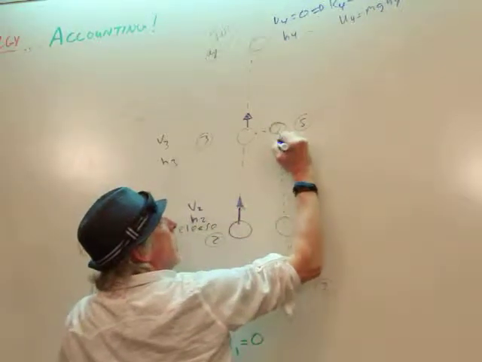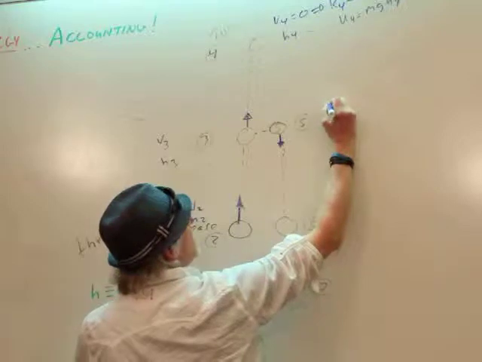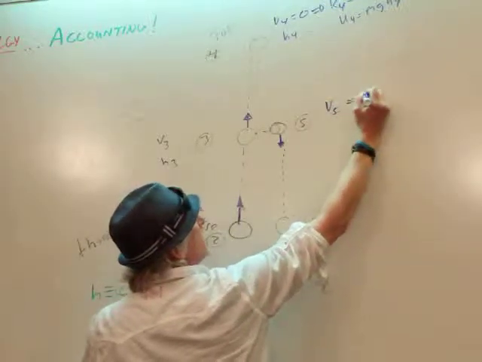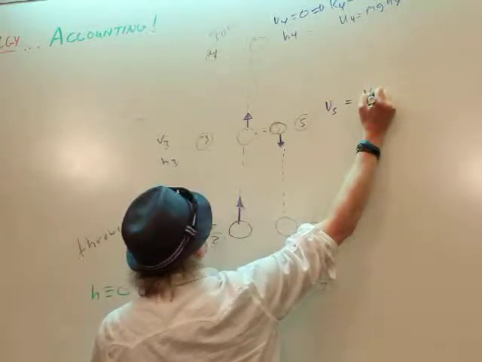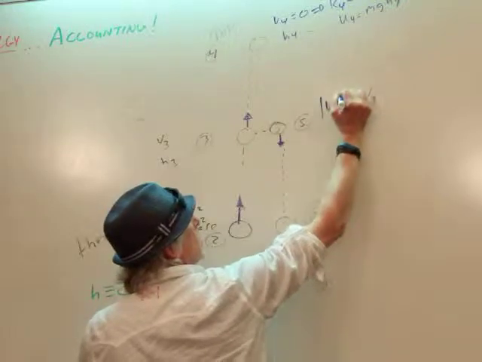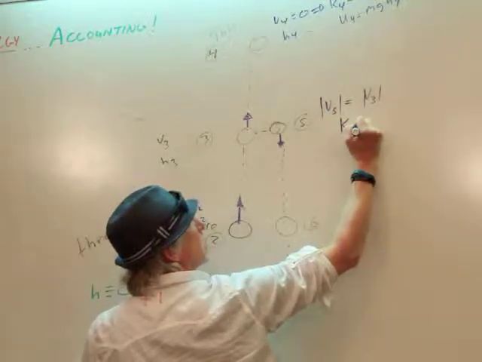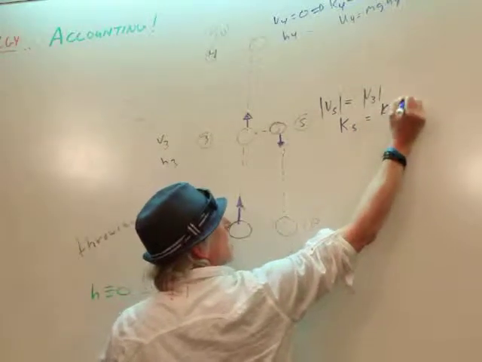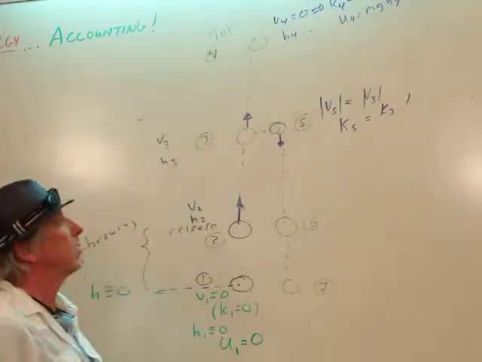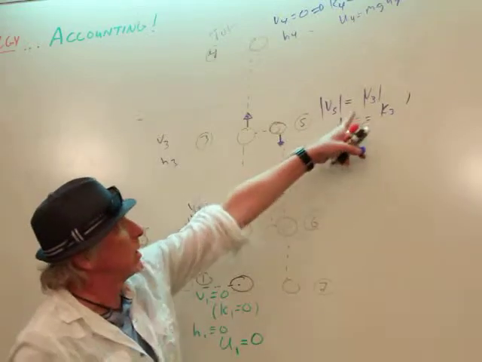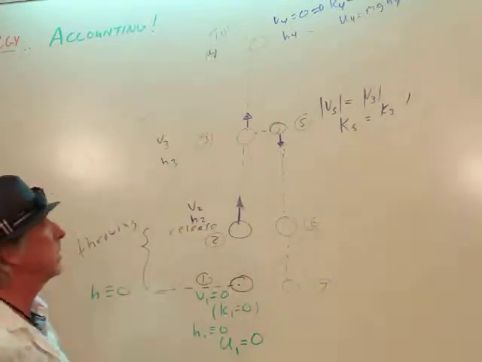And then I'm going to draw, oh, wait a minute. We know this from kinematics, right? This is going to be the same speed. V5 is equal to V3, opposite direction, but in terms of energy, that means K5 equals K3. I've got the same kinetic energy, don't I? If I've got the same speed, not direction. So again, not a vector.